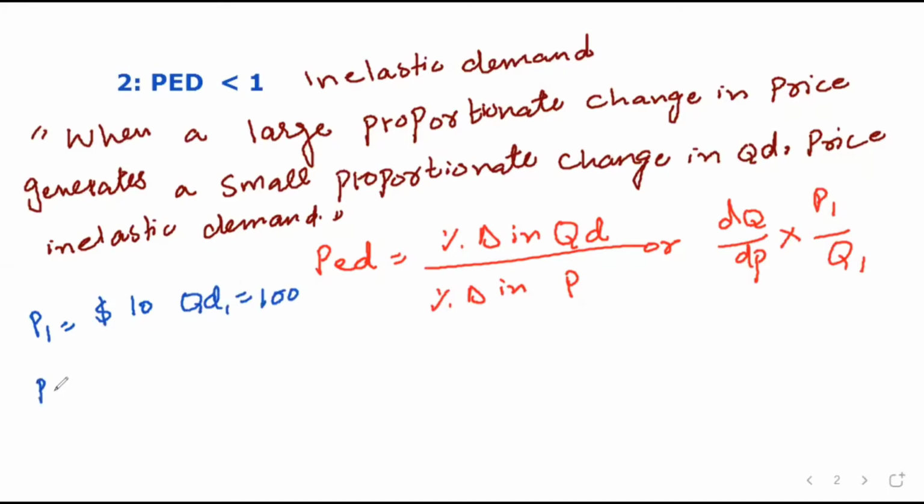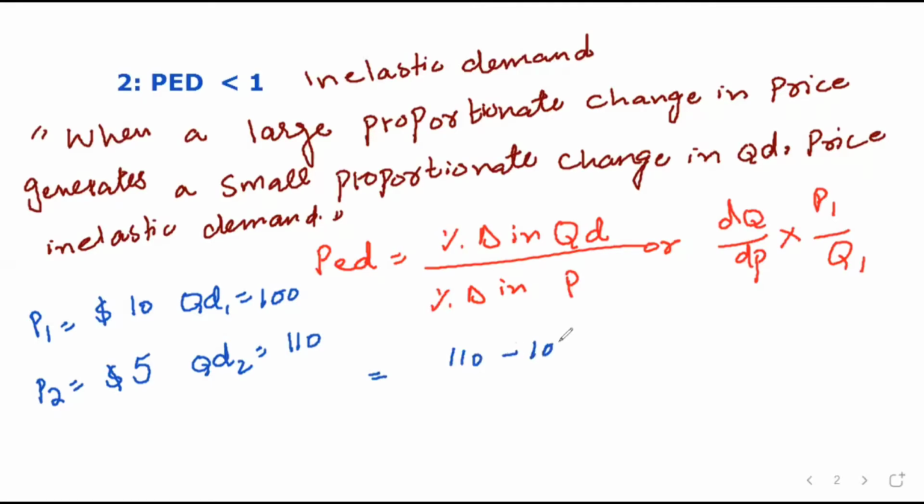It's the same. Now changing P2, if I decrease the price to $5, then quantity demand 2 in front of P2 will be 110 units. As you can see, there is a large proportionate change in price from 10 to 5. The price difference is $5 and the change in demand is just 10. So this is a bigger change in price, but as compared to price, the demand change is smaller, a small proportionate change.